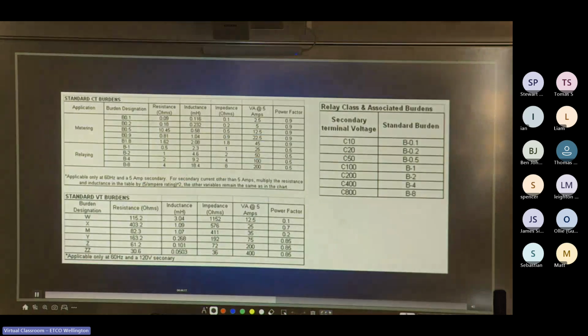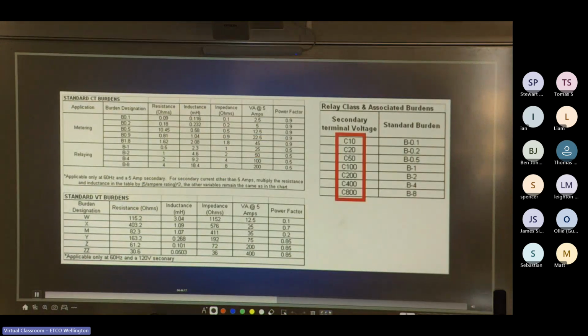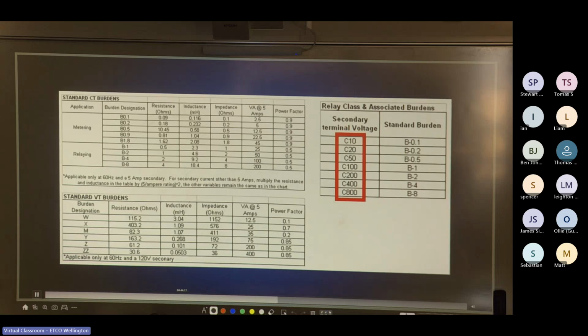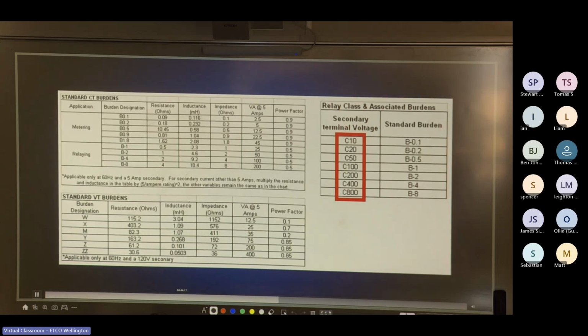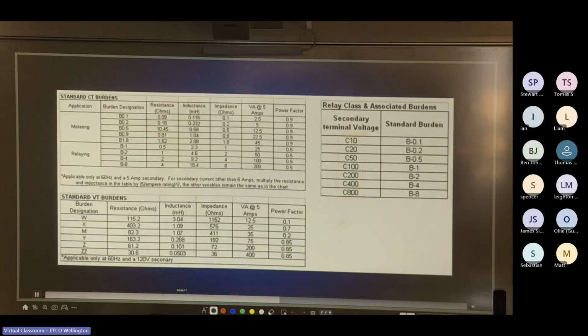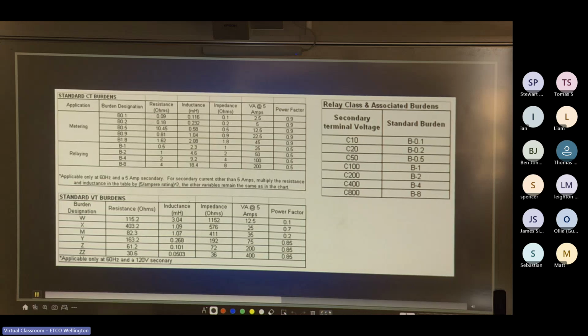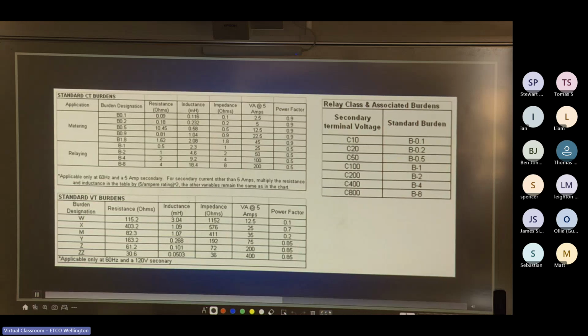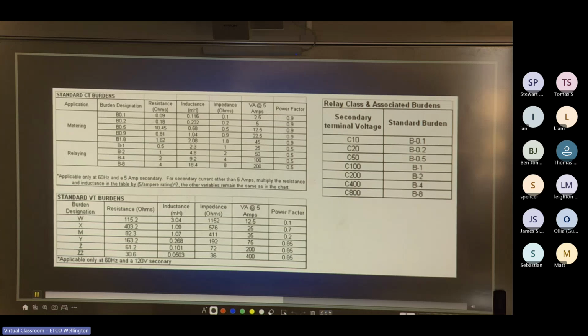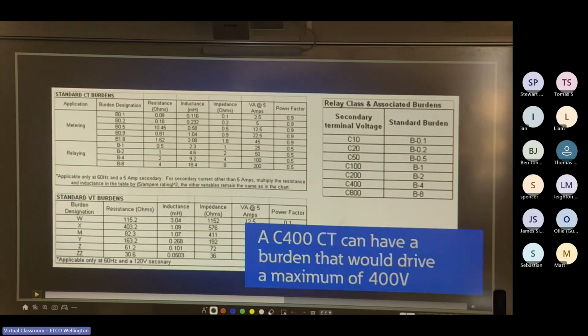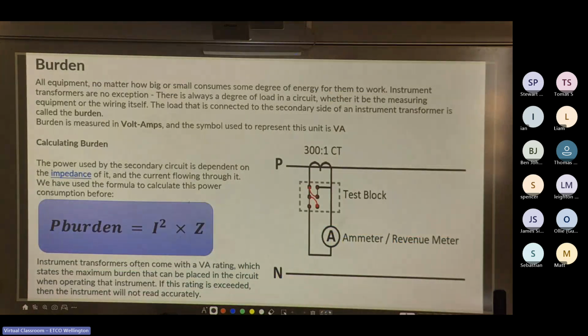A current transformer can have a range of ratings from C10 to C800, which is related to the secondary winding output voltage capabilities and VA rating of the CT. In simple terms, this means that a CT with a higher rating can sustain more burden on the secondary without saturating. For example, okay, that's probably a bit more detail than we really need to go into.